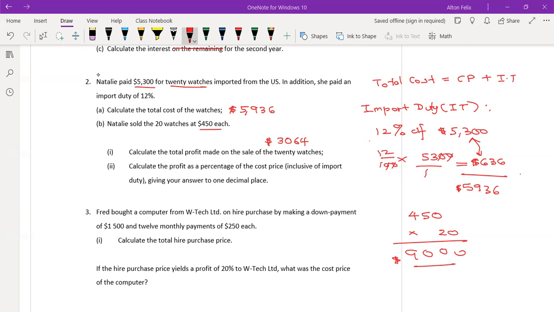Right. So therefore, she made around 51.6%. Let's call it 52%. Calculate the profit as a percent of the cost price inclusive of import duty. Okay, so give your answer to one decimal place. So let's call it 51.6%, right? That's the one decimal place. Okay, so that wasn't bad. She did well. So congratulations to Natalie there.